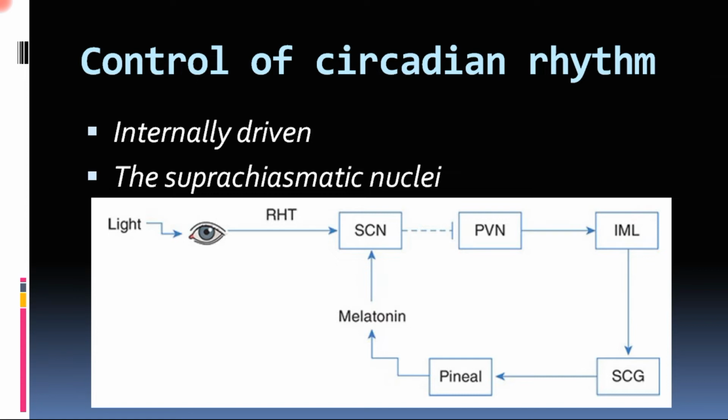The clues are provided externally, which may benefit, but in the absence of clues like light and darkness, the circadian rhythm will still go on because it is internally driven.